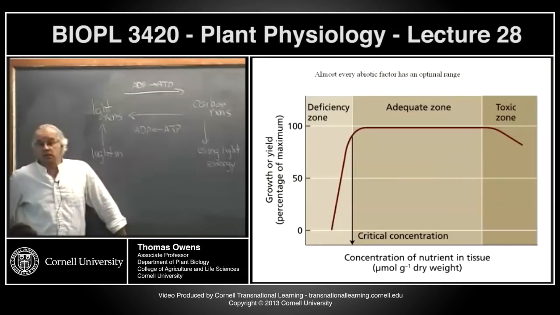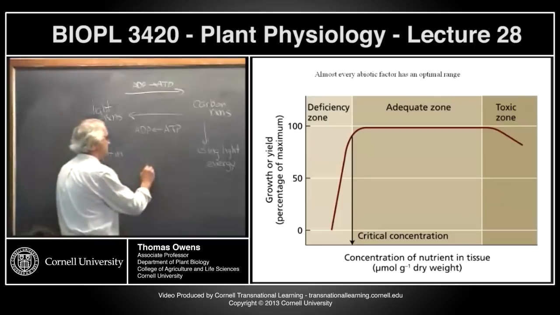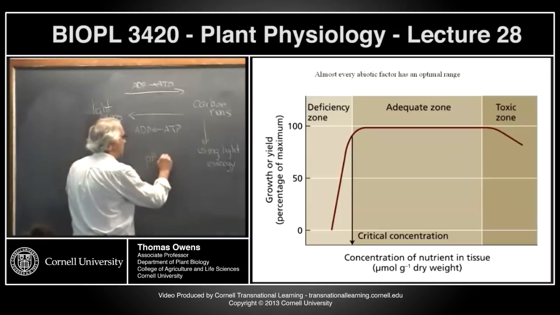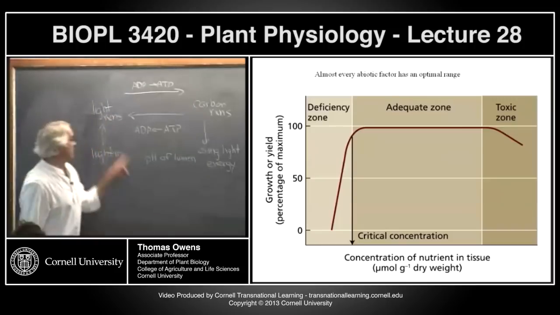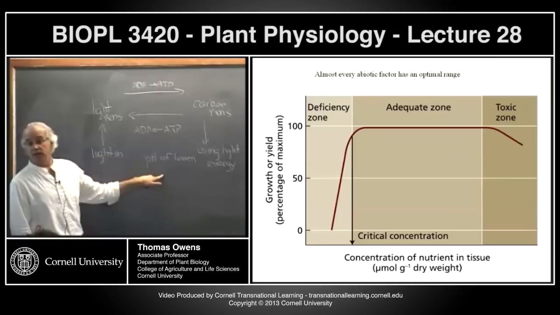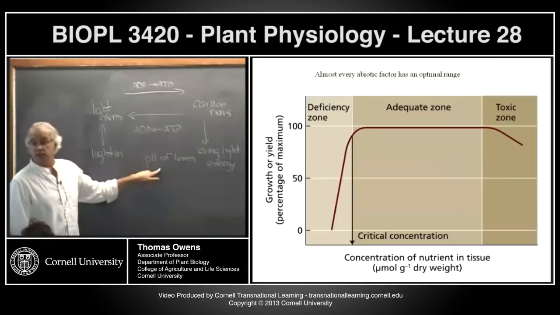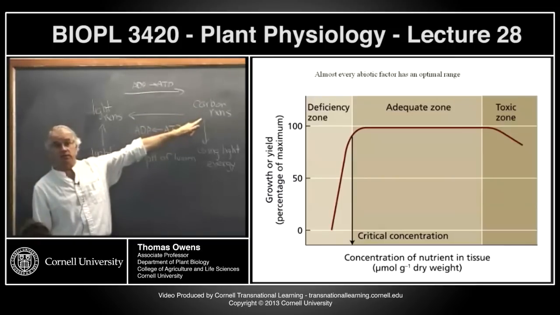The thing that is actually involved in sensing the balance here, there's actually two things. One is the pH of the lumen. So remember, electron transport, the light reactions, are pumping protons into the lumen. Those protons are used to make the ATP that are used up by dark reactions.